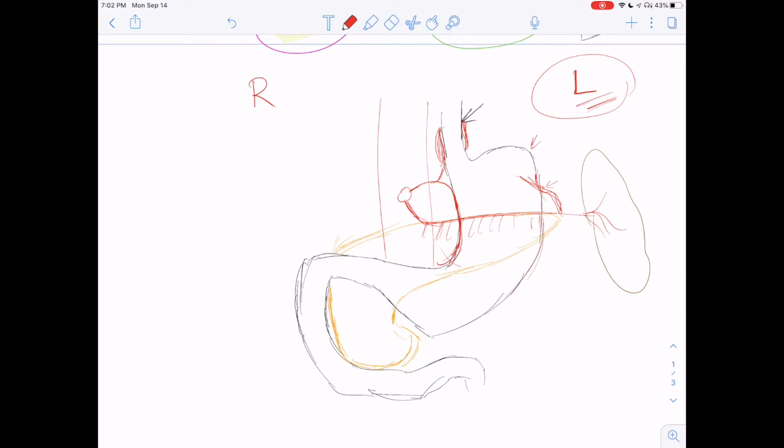The other one is, see, it passes here, so why not give some branches here? So that would be left, because we are on the left side. Gastro, see, we are stomach, gastro. Epiploic or omentum, as you know, that we have greater omentum here. So these are easy peasy, right?